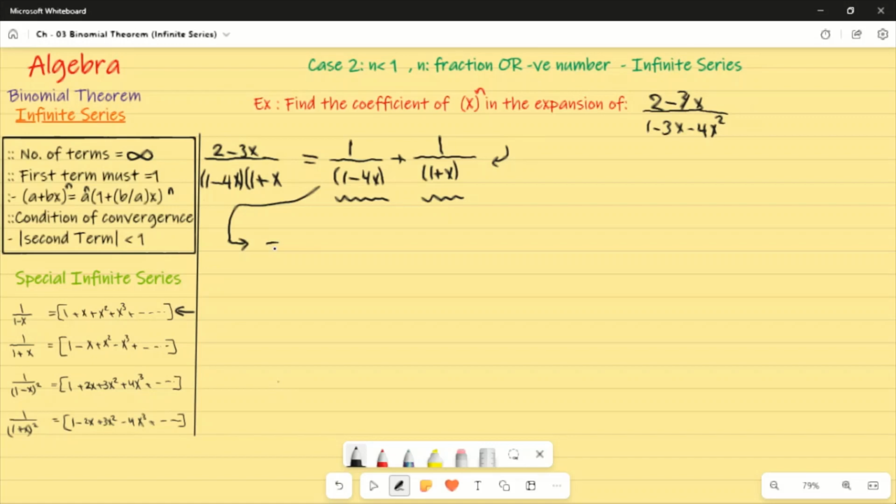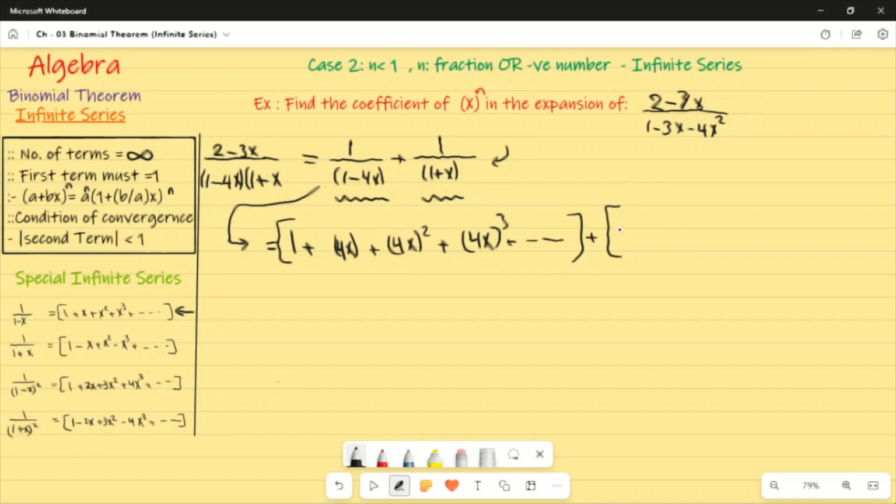So let's write this formula here: 1 plus x plus x squared plus x cubed, and here let's replace x by 4x. Here plus this. We have here a special series.